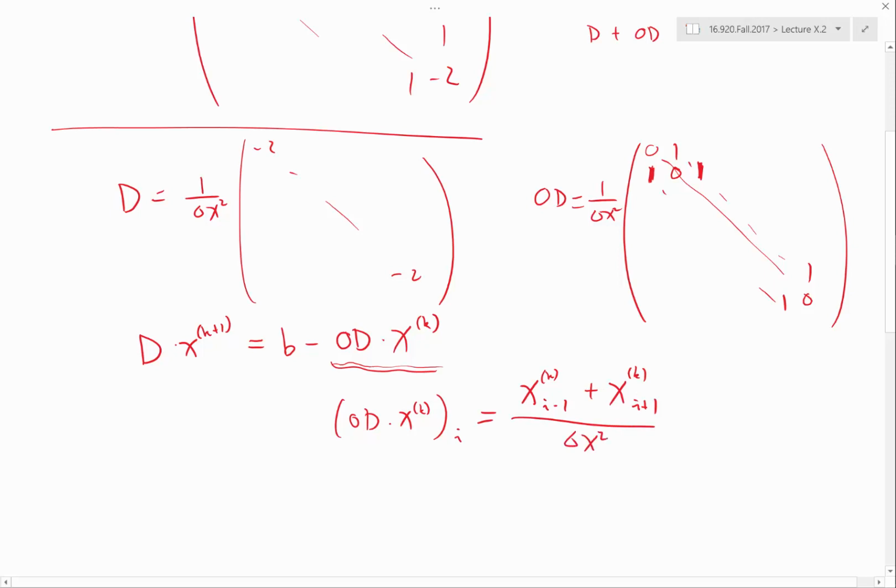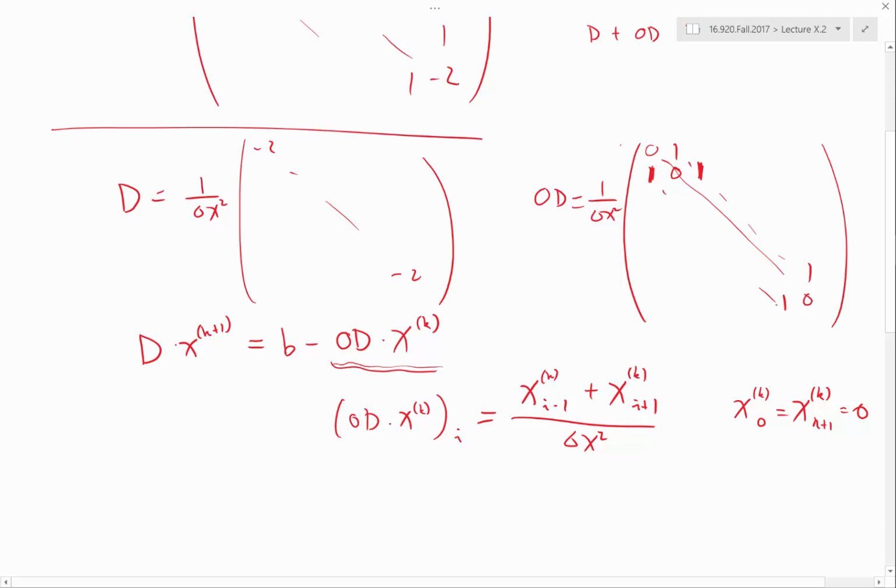While here, if I start with the first index, this formula would be true for all these indices if I define x_k at 0 and x_k at n minus 1 equal to 0. That'll generalize to the first row and the last row just by setting these to 0.